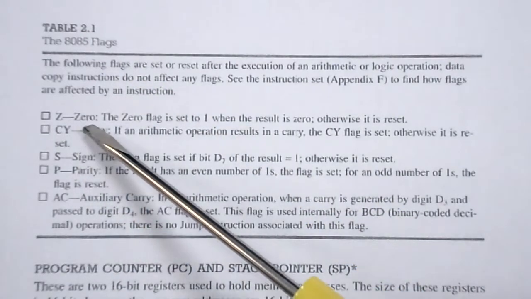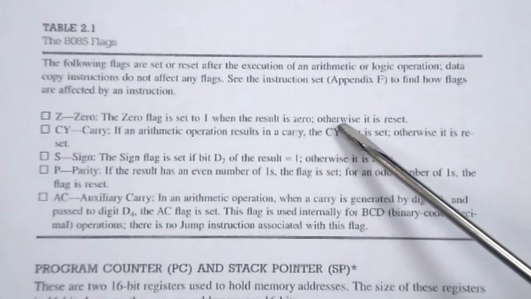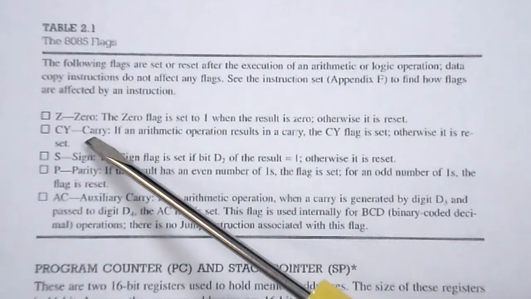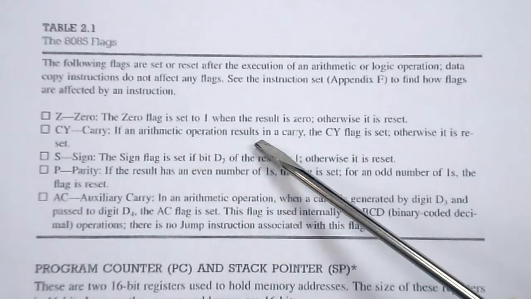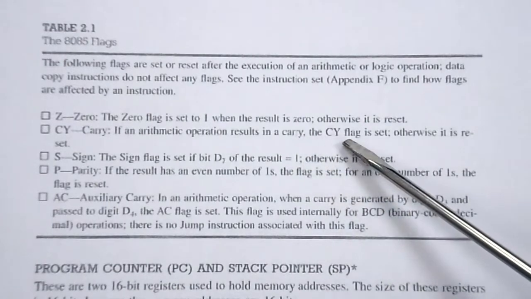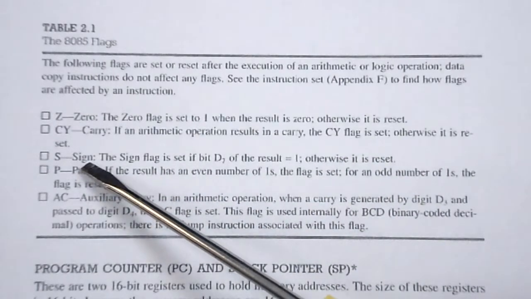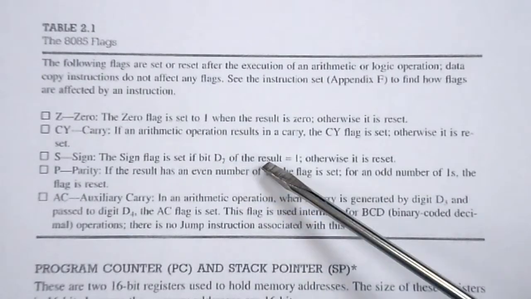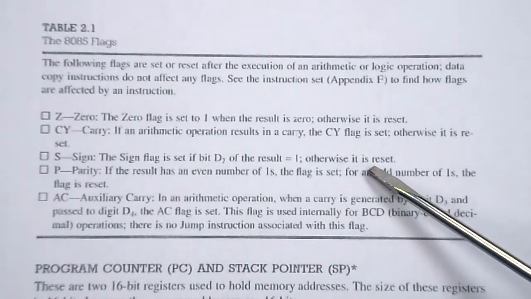On page 34 they have table 2.1, which talks about the 8085 flags. The zero flag is set to 1 when the result is 0, otherwise it is reset. The CY or carry flag: if an arithmetic operation results in a carry, the CY flag is set, otherwise it is reset. Sign: the sign flag is set if D7 of the result equals 1, otherwise it is reset.